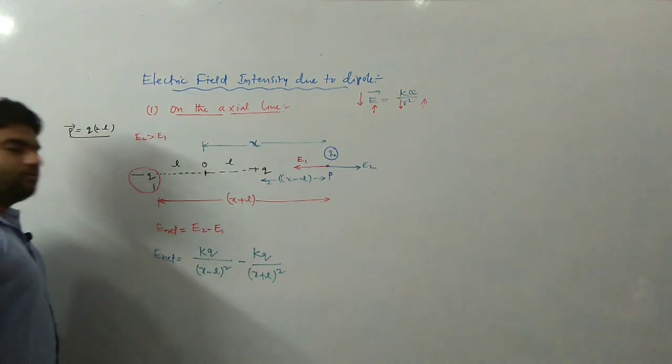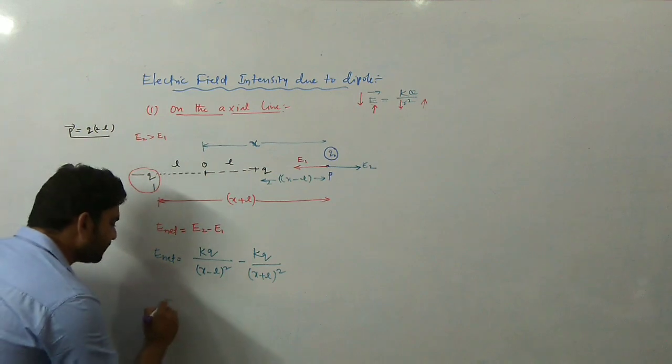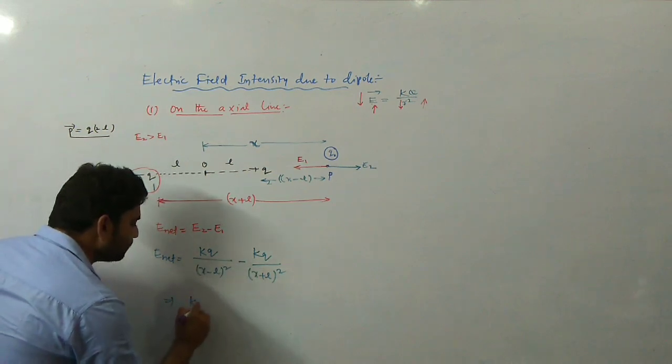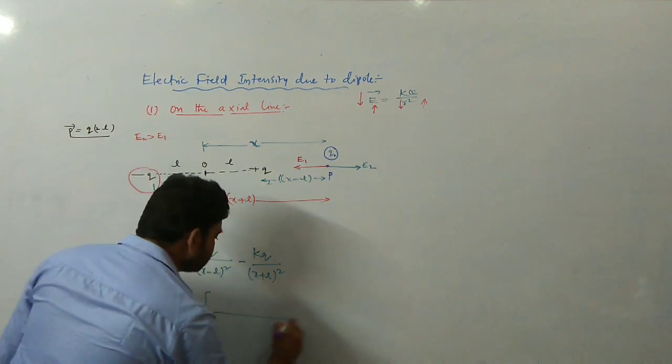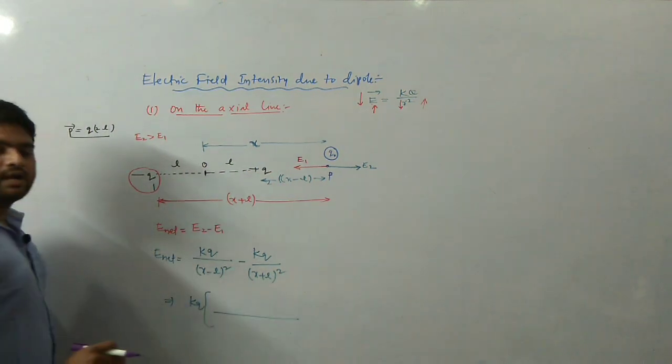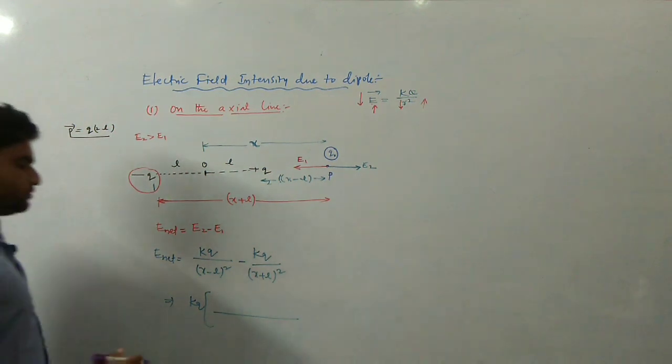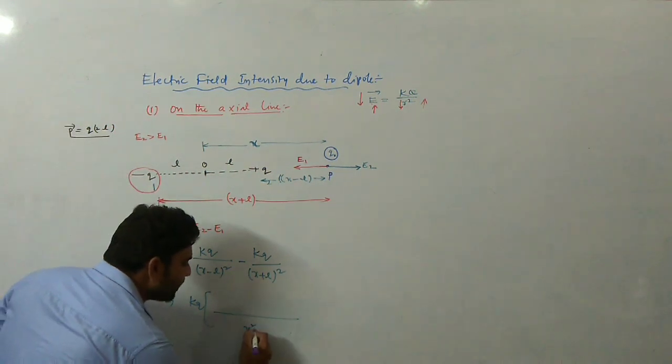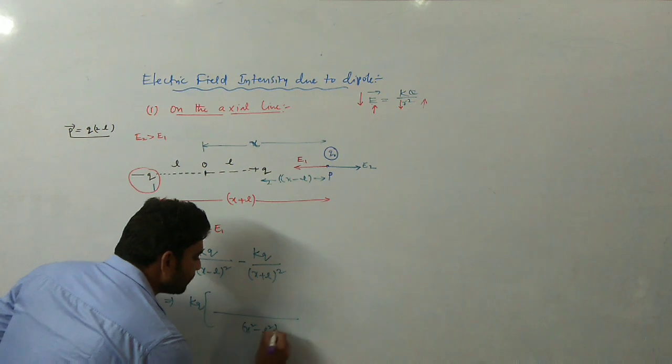For further simplification we can take KQ common, and the remaining is like a plus b whole square, a minus b whole square. We can write a square minus b square whole square, that is x square minus L square whole square.